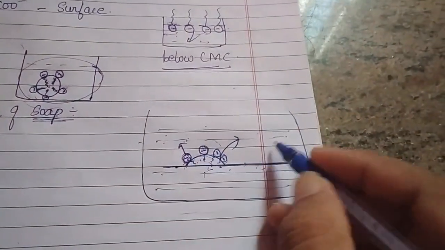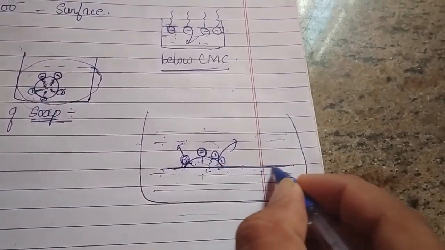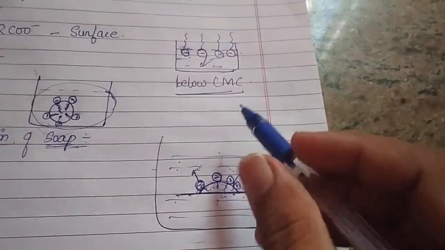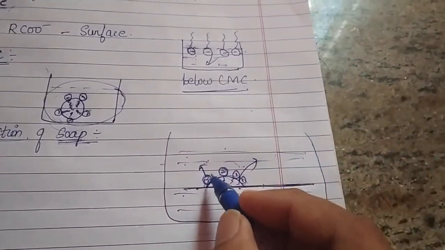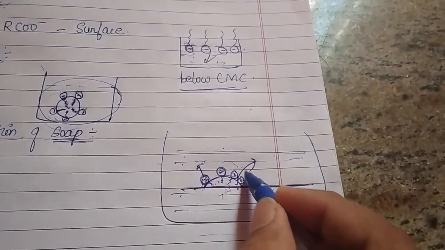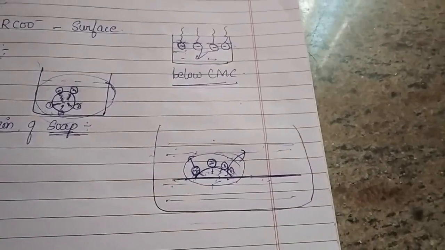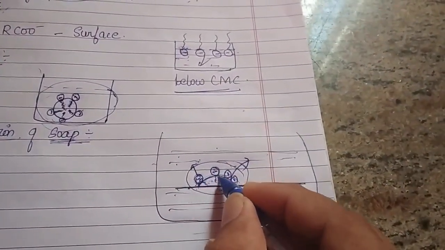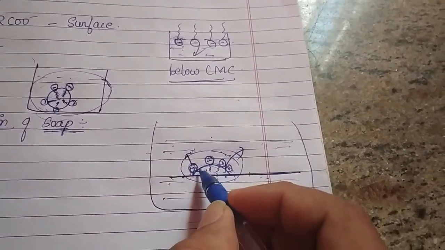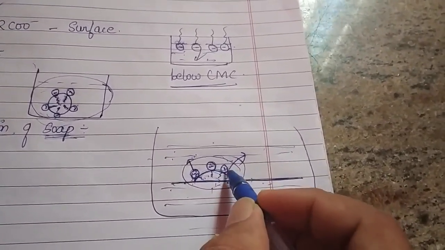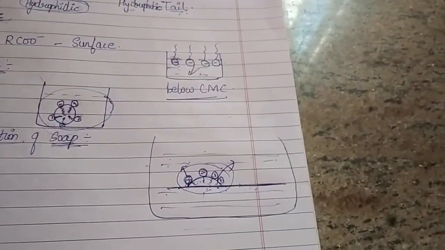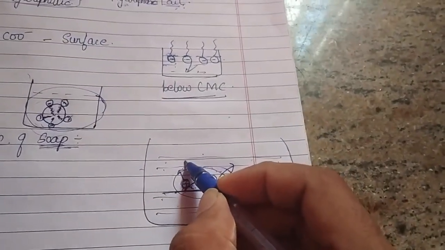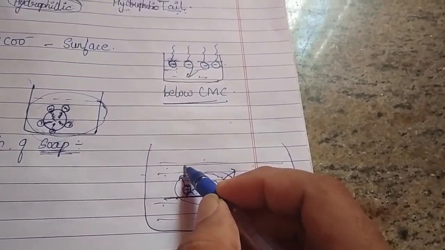So if I consider this part as the cloth and the bulged part as an oil droplet, that is your dirt, then when you put certain detergents, the micelle will be formed around this dirt, the oil droplet, in such a way that the polar group will be present on the surface, whereas the hydrophobic part will be projecting inside the dirt. We know what the hydrophilic part is, water loving.